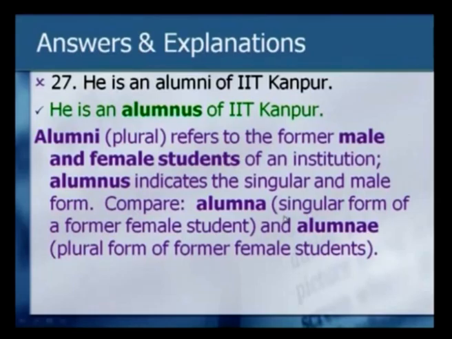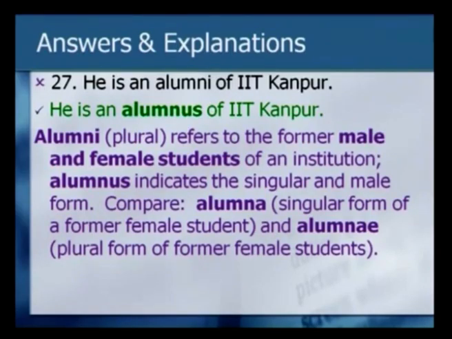Alumna is singular form of a former female student, which means if the sentence is, she is an alumni of IIT Kanpur, it should be corrected as, she is an alumna of IIT Kanpur. So, alumna, alumnus, singular form, female and male form correspondingly.